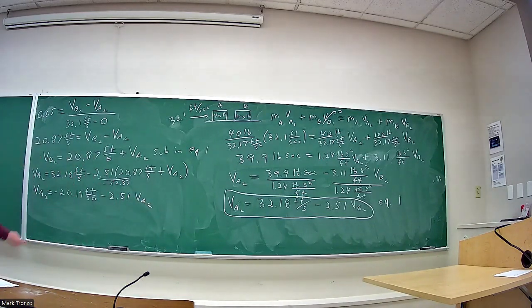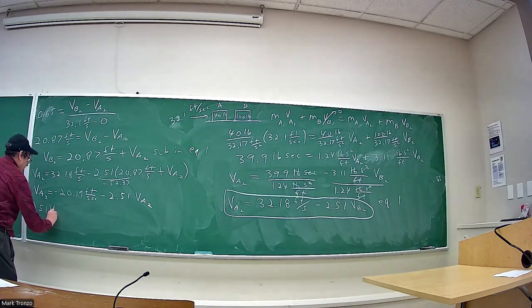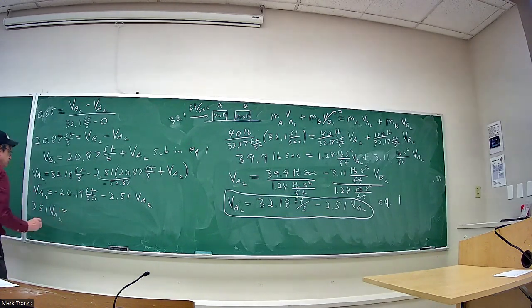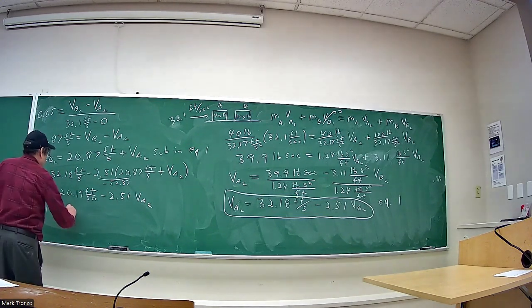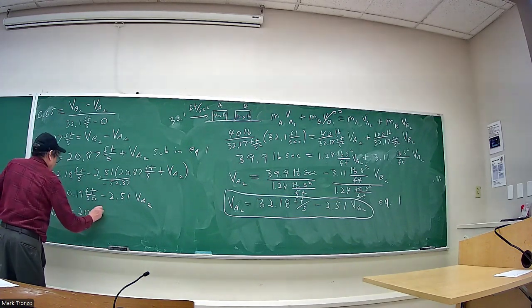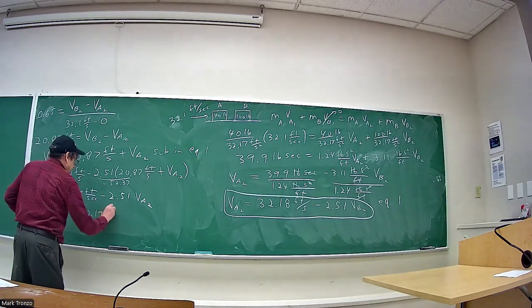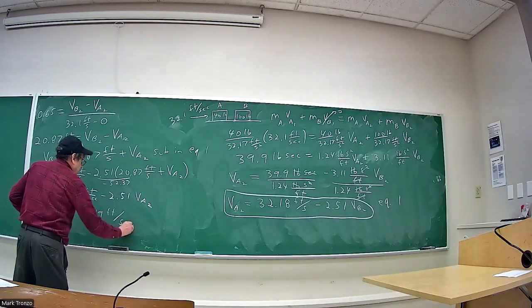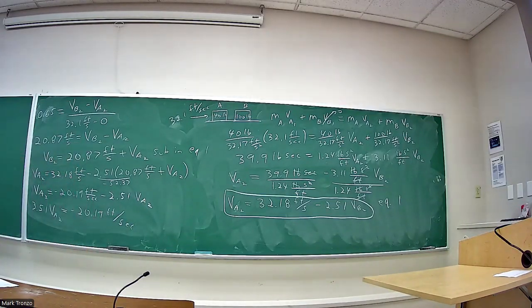So bring this to the other side. That's going to be adding this and this together, which is 3.51 VA2 equals minus 20.19 feet per second.